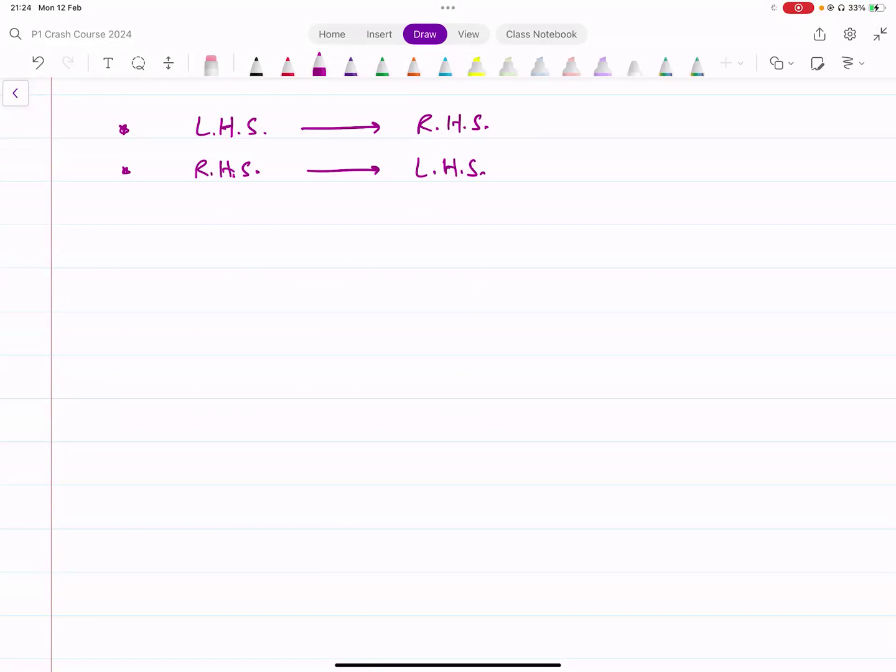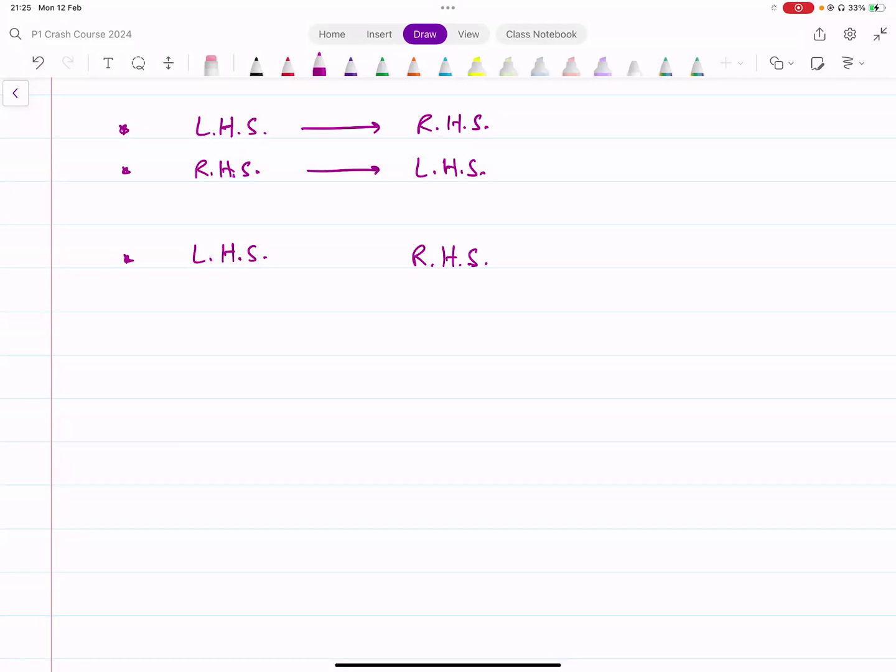Okay. There's another possibility as well. And that is that sometimes what happens is both the sides are, it can happen here as well sometimes, that both sides are quite complicated. Okay, so you're kind of confused, okay, which side to start from. Both are very complex.